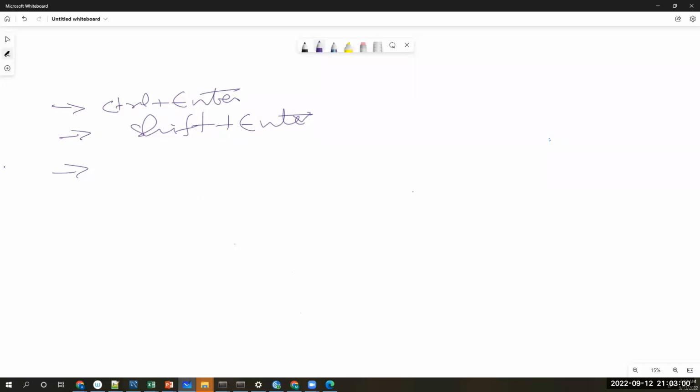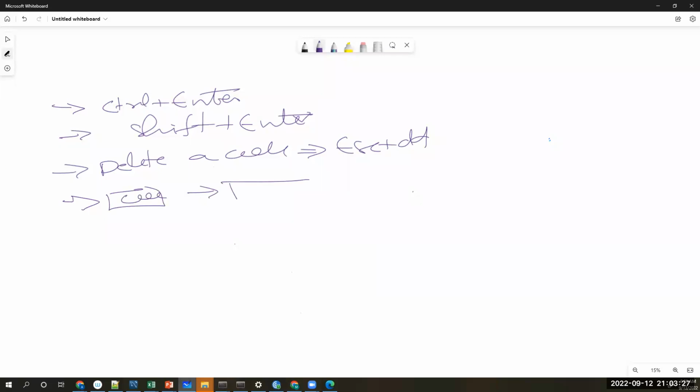Sureka, tell me how you're going to delete a cell. Escape DD. Okay, for Sureka, another question: how are you going to change a cell into markdown?